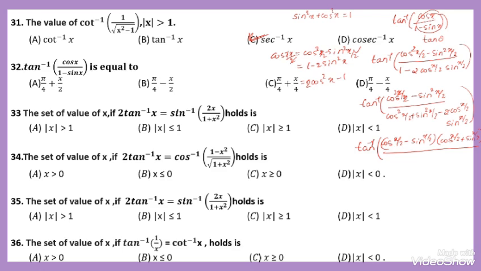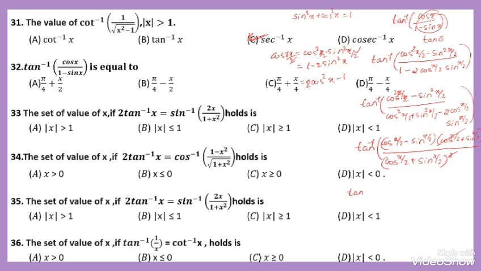It can be written as a square plus b square minus 2ab. Here it is of that form, that's why it can be written as cos x by 2 plus sin x by 2 whole square. So the one square and this one square get cancelled.